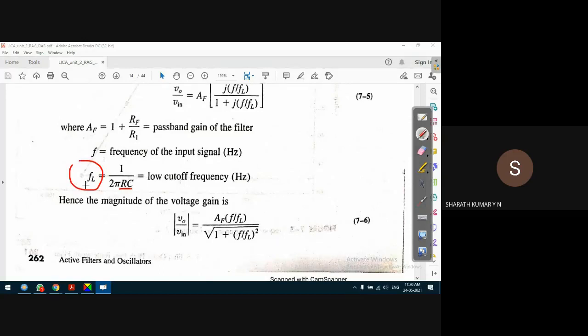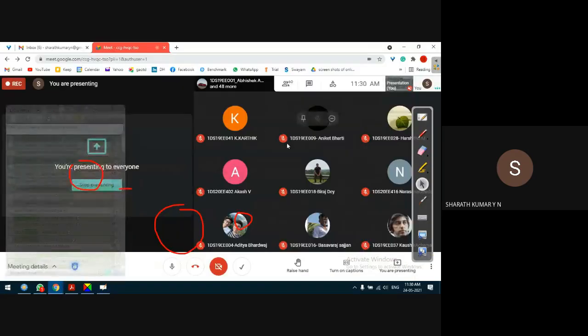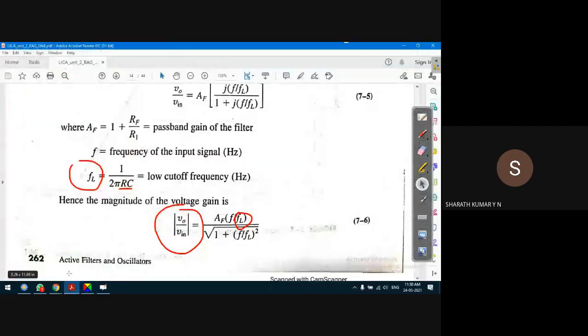For example, as R increases, FL decreases. As FL decreases, the pass band gain of the amplifier increases. That's how the amplifier works.